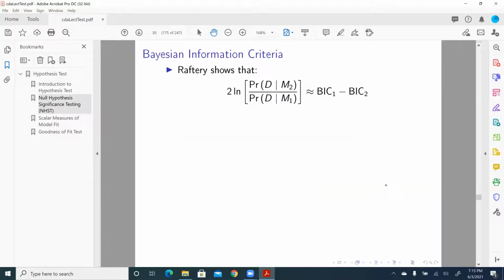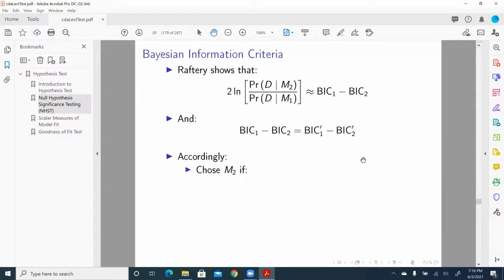And Raftery shows that 2 times the log of the probability of observing the data given model 2 over the probability of observing the data given model 1 is equal to BIC 1 minus BIC 2. So this is BIC from model 1, and this is BIC from model 2. And BIC 1 minus BIC 2 is equivalent to BIC 1 prime minus BIC 2 prime.